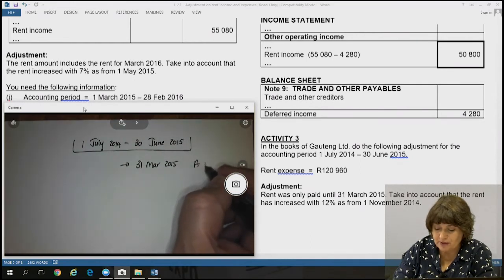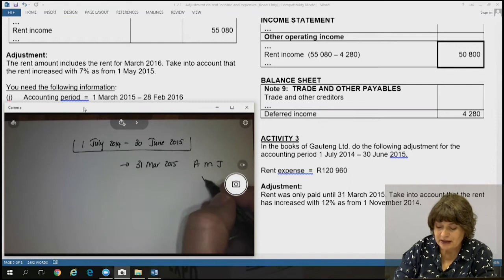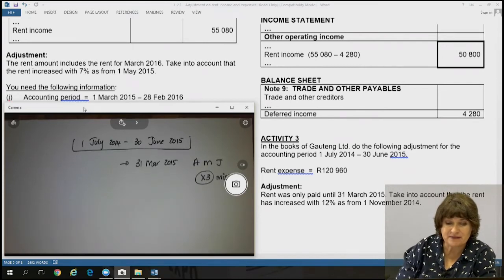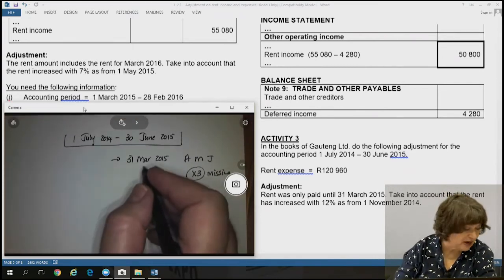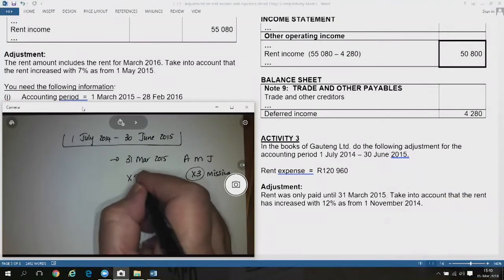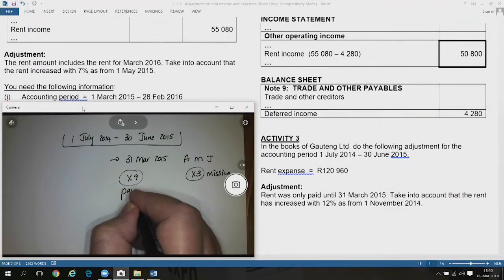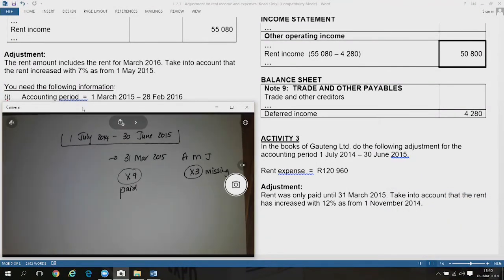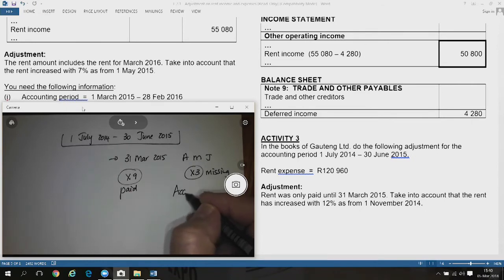March, April, May, June. There's 3 months missing. And if there's 3 months missing, it means that only 9 months was paid, and the 3 months must be added as accrued expenses.